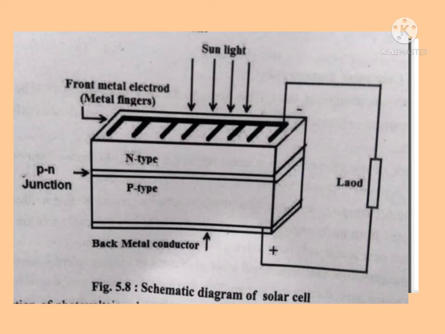On the top of the N-type semiconductor, there are a few fine electrodes. From the diagram, we can observe just below the N-type semiconductor, there is a PN junction. At the junction, the depletion region is created. At the base of the P-type layer, there is a current collecting electrode present.